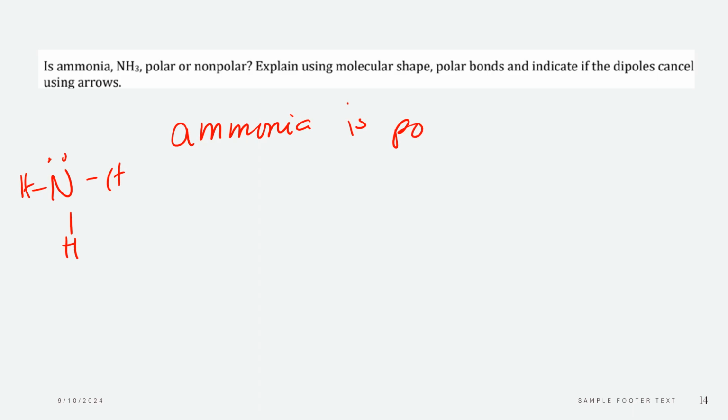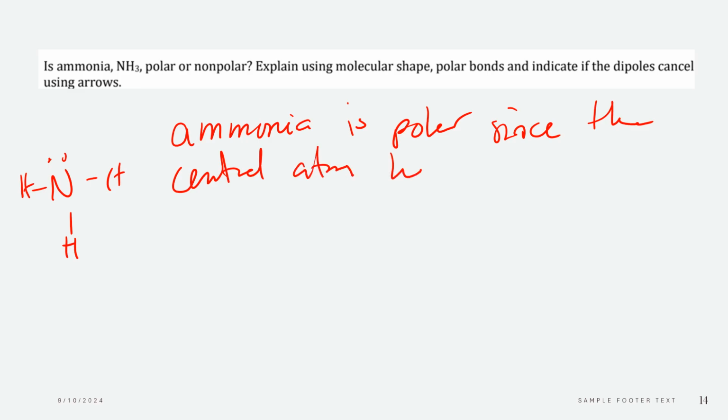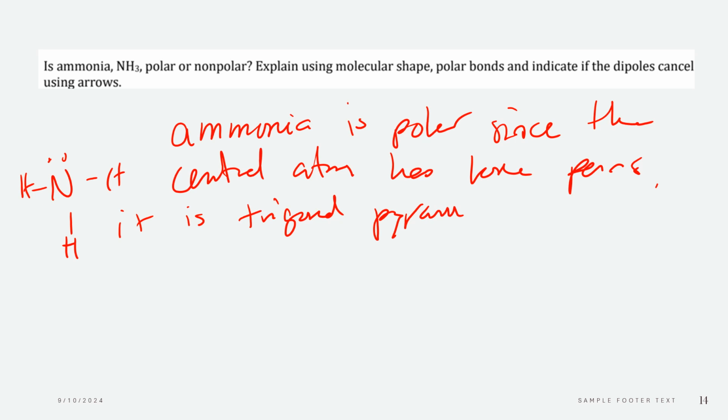is polar since the central atom has lone pairs. It is trigonal pyramidal. The N-H bond is polar.